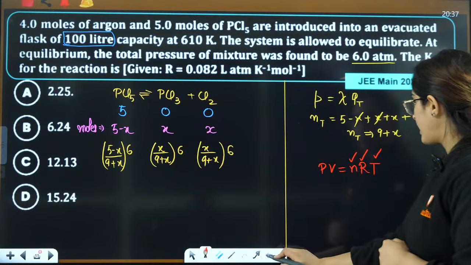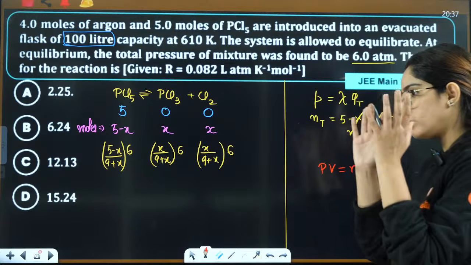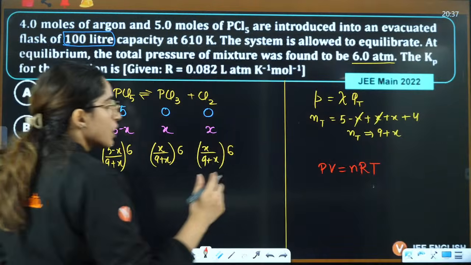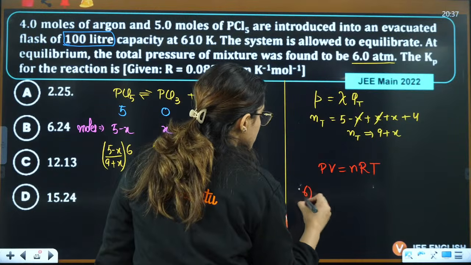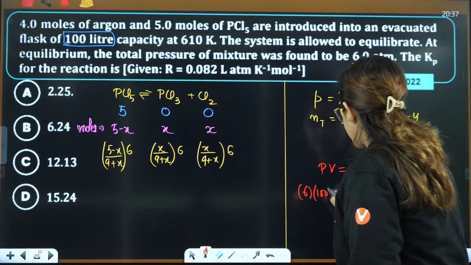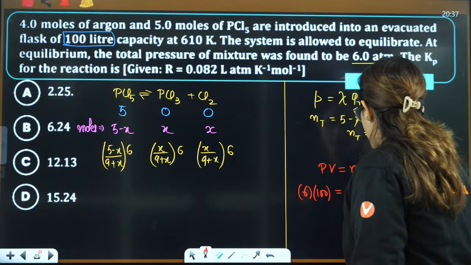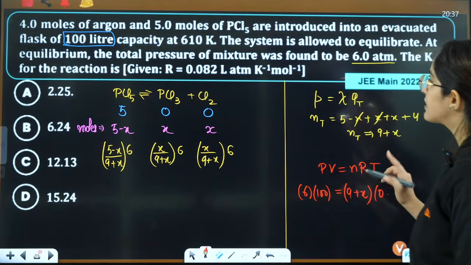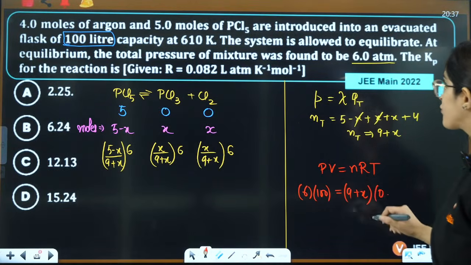Yes. Okay. So you have to think a little beyond it, about what are the things that we can do. If you see, total pressure is 6, volume is given in liters, that is 100. This is 9 plus x. This R is given to be 0.0821. This is liter atmosphere only, so we don't have to change any units here.